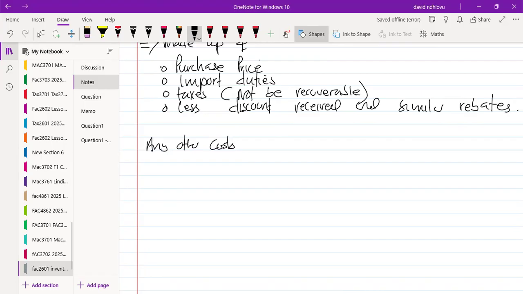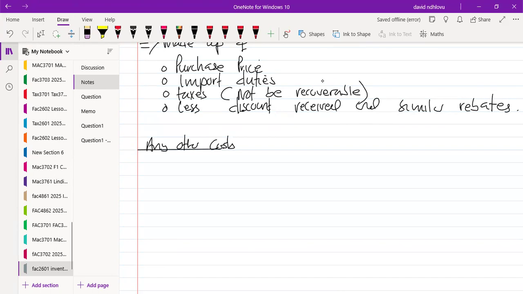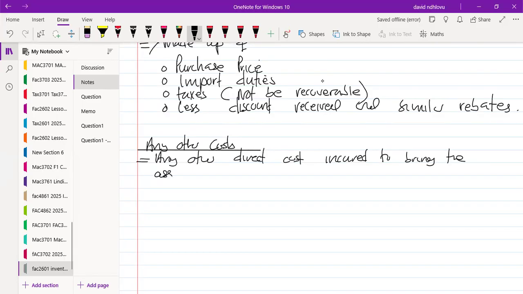Right, so when we talk about any other costs with regard to inventory, these are any other direct costs incurred to bring the assets to intended location and current condition.